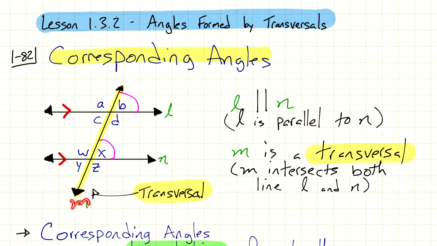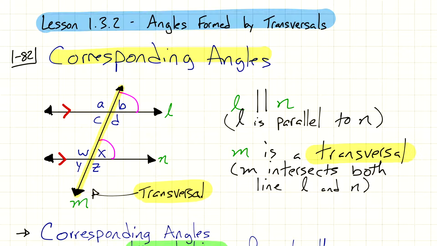And M, this line here, you'll notice it cuts through these parallel lines, kind of like how a road or a street might cross over some train tracks. So we have train tracks and the street that crosses over them.